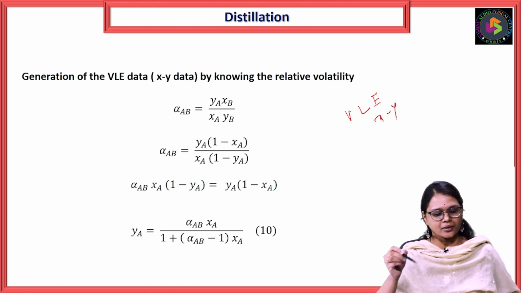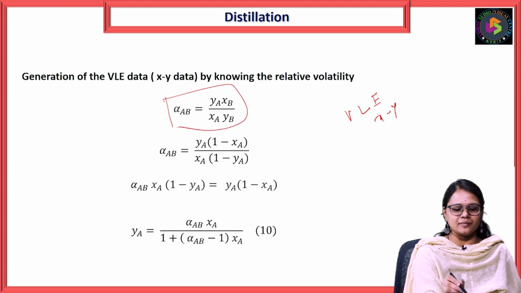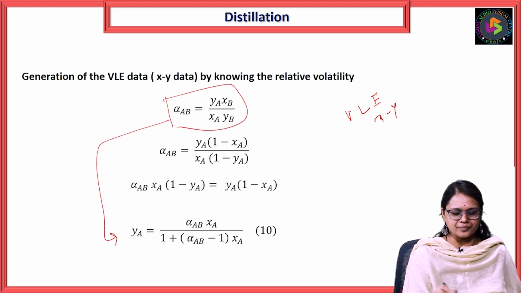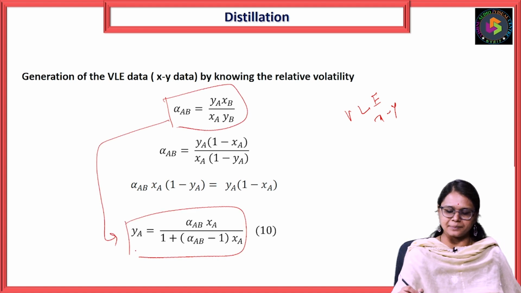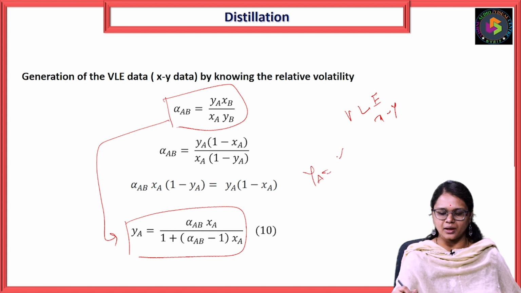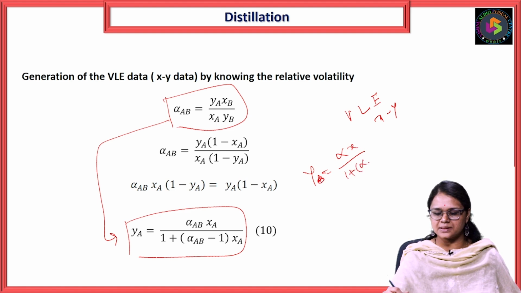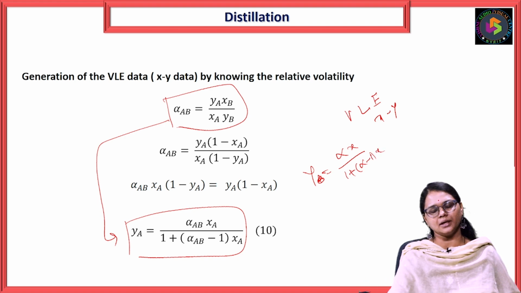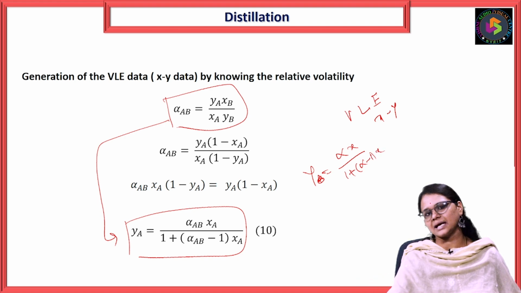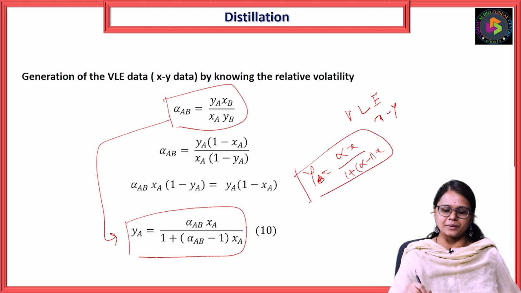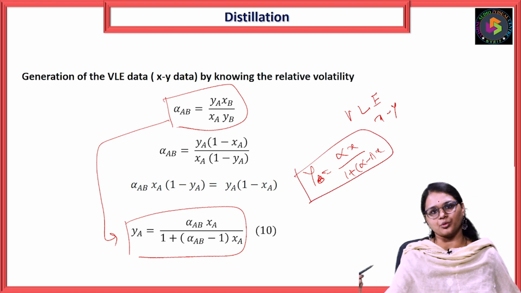This formula can be reduced further: Y is equal to alpha X by 1 plus alpha minus 1 into X. If you don't have the VLE data, how do you process further? This data is nothing but the equilibrium data. It can be used to calculate the number of equilibrium stages inside the column.